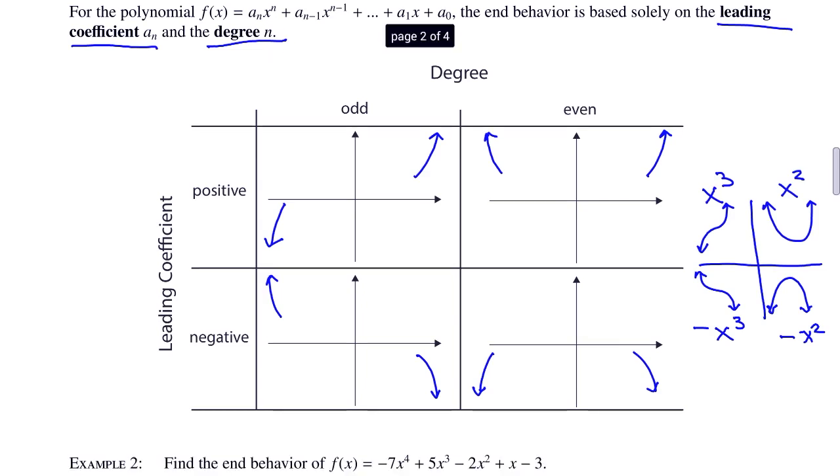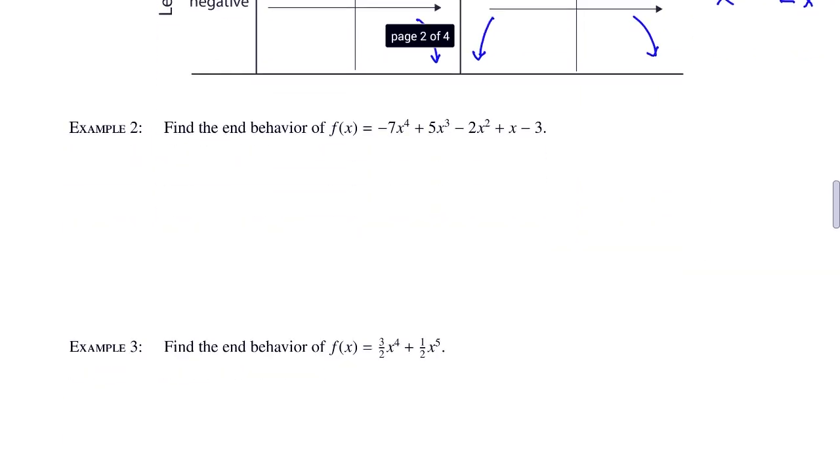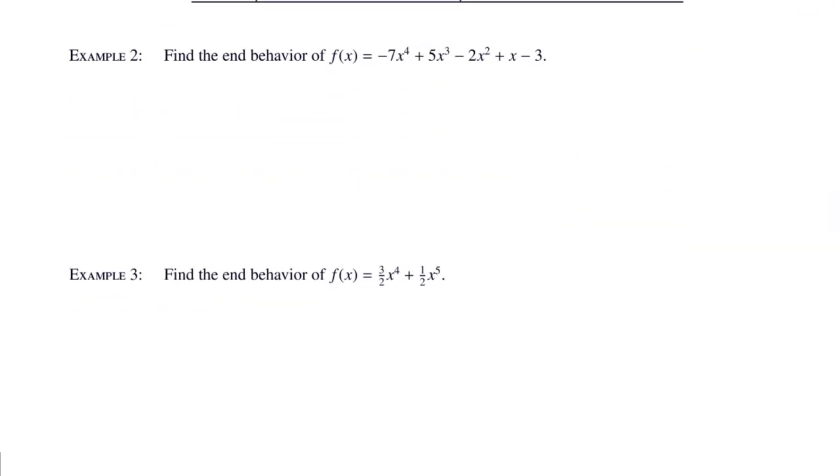Let's look at example 2. Find the end behavior of f of x equals negative 7x to the fourth plus 5x cubed minus 2x squared plus x minus 3. So the first thing we need to identify is the leading coefficient. That's negative 7.